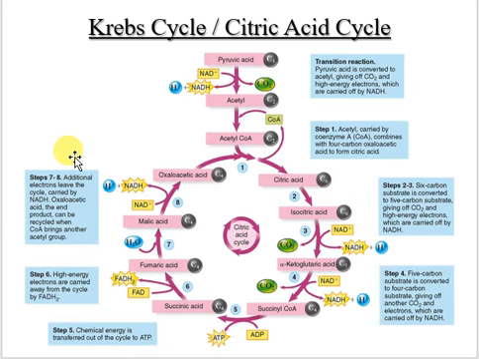In some cases, instead of 1 ATP being produced, you'll have 1 guanosine triphosphate, or GTP, produced. This depends on the version of the enzyme that is used here in the fifth step of the Krebs cycle, as well as the type of cell that this is occurring in.